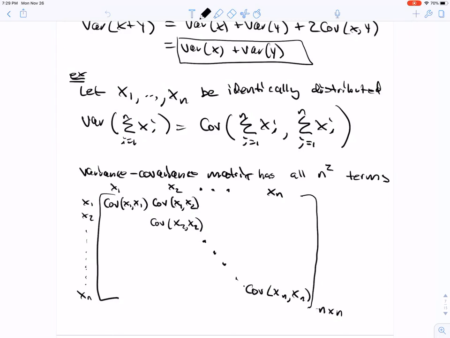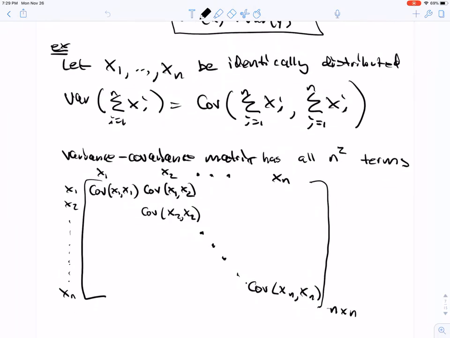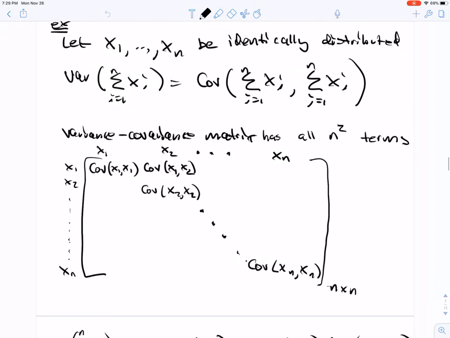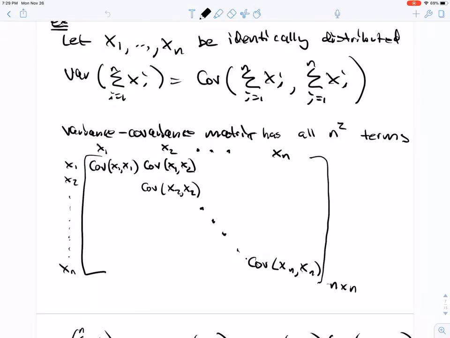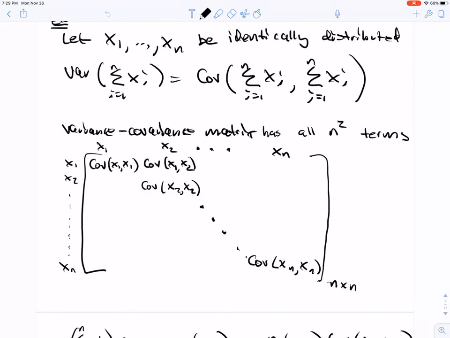And if X1 to Xn are identically distributed, then the variance of the sum is the covariance of the sum with itself, because if the sum was called Y, then the variance of Y would be the covariance of Y with Y. By bilinearity, this will be a sum of n squared covariance terms.